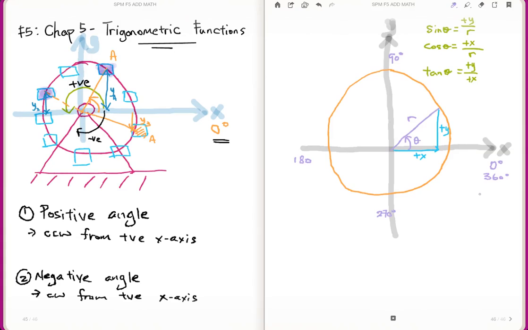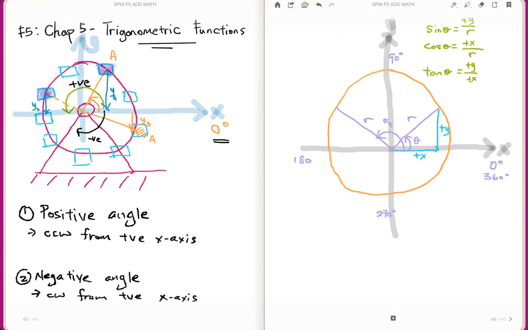Then when it comes to the second quadrant, I'll use the same color to show that it is over the same r, the radius is the same. The angle measured from 0, here to here, is any angle more than 90 and less than 180, theta 2.